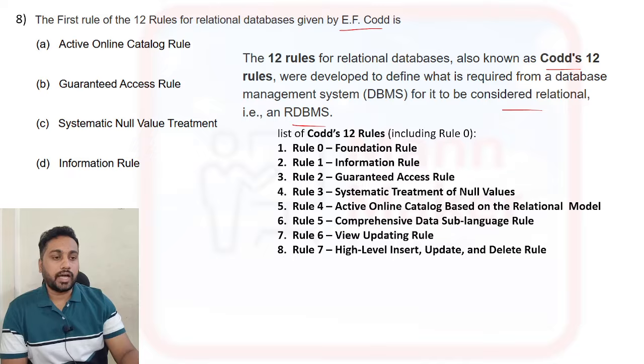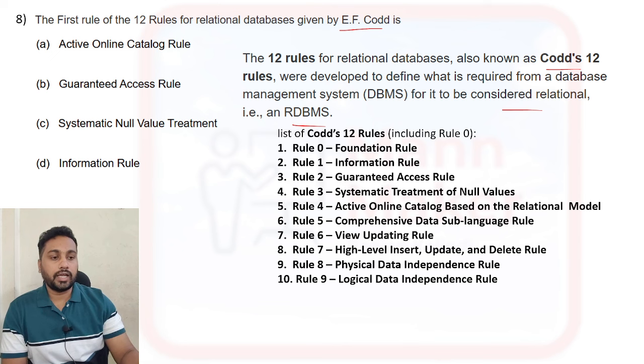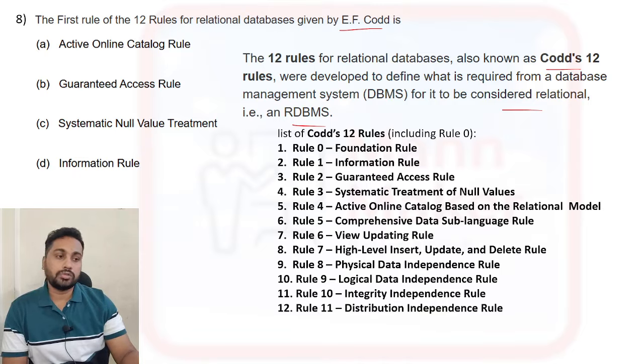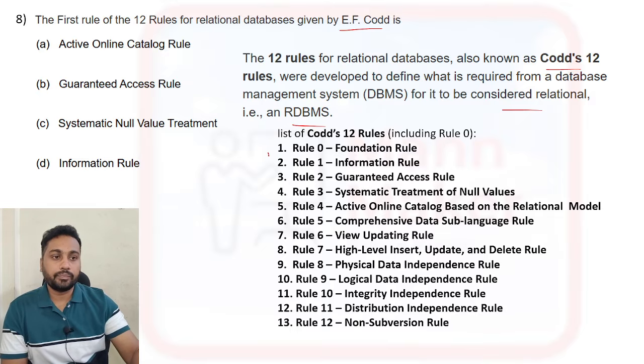Rule 7 is the high level insert, update and delete rule. Rule 8 is the physical data independence rule, and rule 9 is the logical data independence rule. Rule 10 is the integrity independence rule, rule 11 is the distribution independence rule, and rule 12 is the non subversion rule. So these are the 12 rules, and it starts with rule 0.